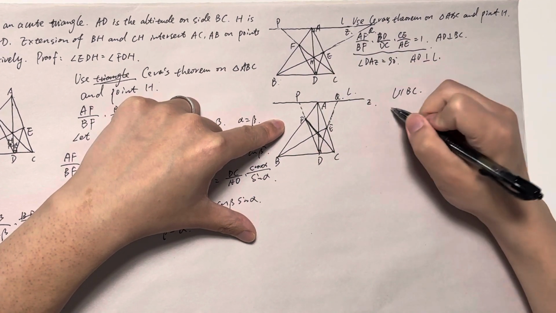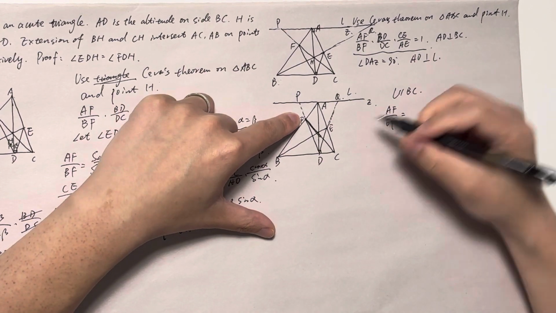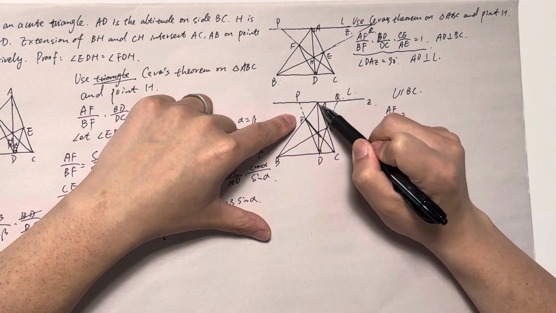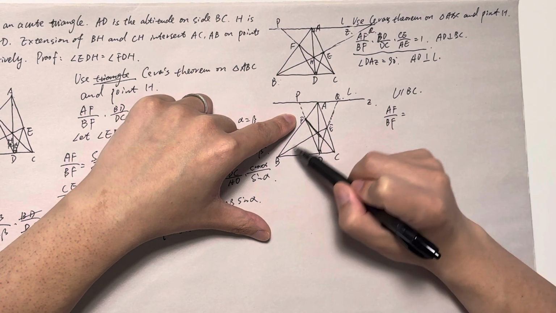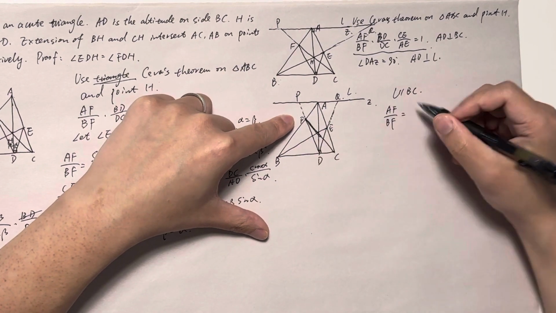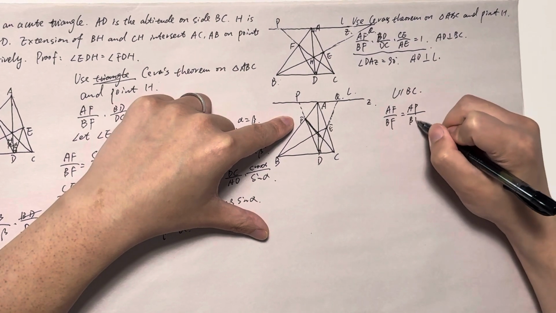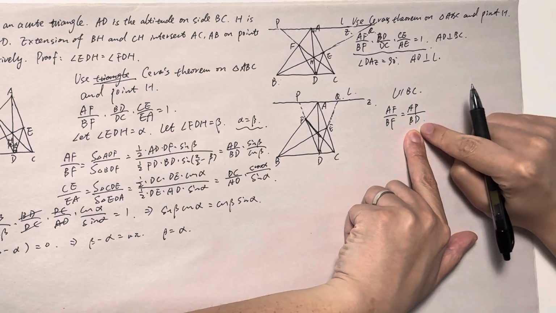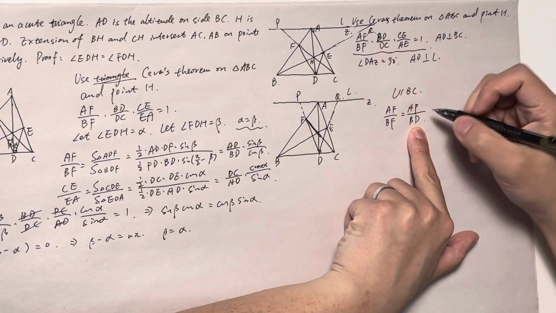So we know that AF divided by BF equals, because the triangle APF is similar to the triangle BDF, right? So AF to BF equals AP to BD. So we have BD here. That's the thing we want because we want to cancel the BD.